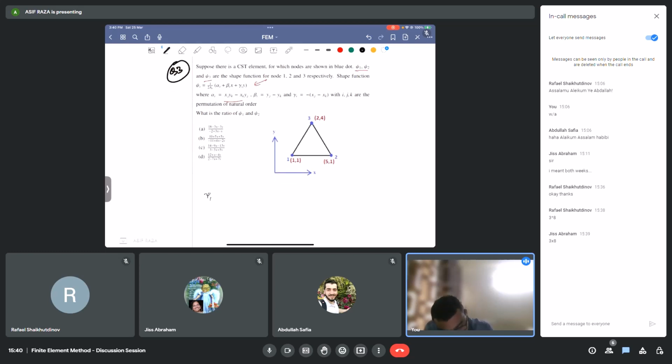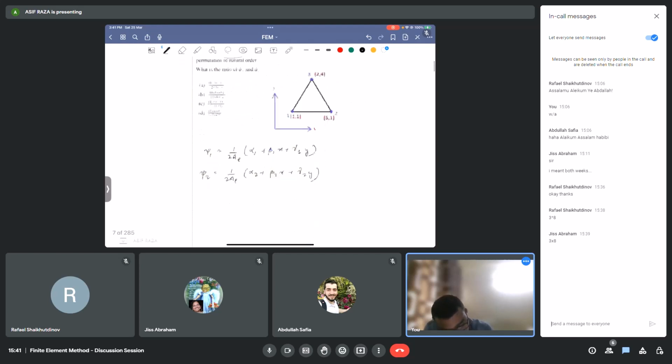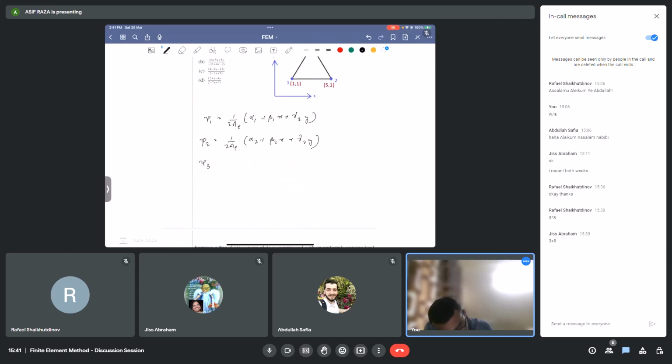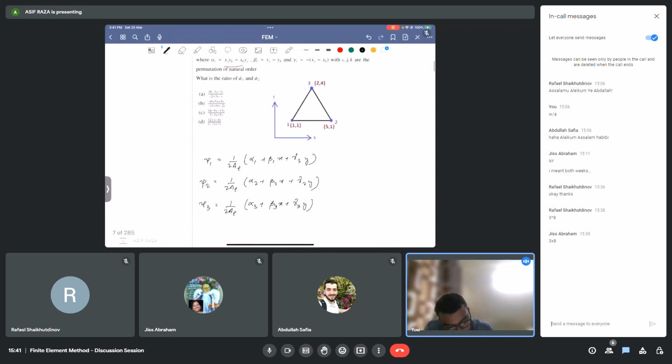So psi 1 would be 1 upon 2 AE times alpha 1 plus beta 1 x plus gamma 1 y. Psi 2 would be 1 upon 2 AE times alpha 2 plus beta 2 x plus gamma 2 y. Similarly, psi 3 is 1 upon 2 AE times alpha 3 plus beta 3 x plus gamma 3 y. Now we need psi 1 upon psi 2.